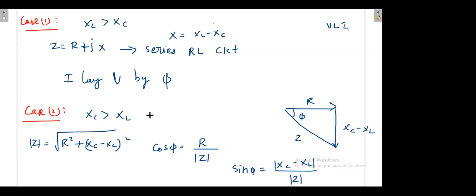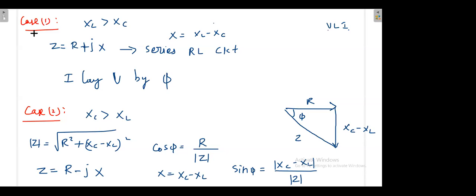So how can I write my Z? Finally R, and it is going in the negative direction, so I can write minus jX, where X is the difference between XC and XL, XC minus XL. So this resembles the characteristics of the RC circuit.